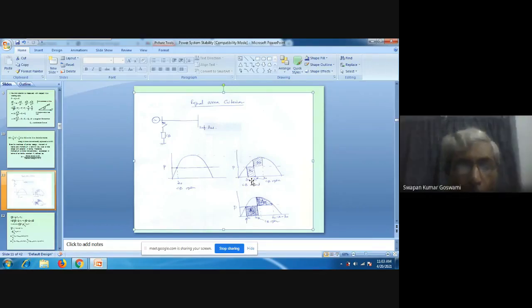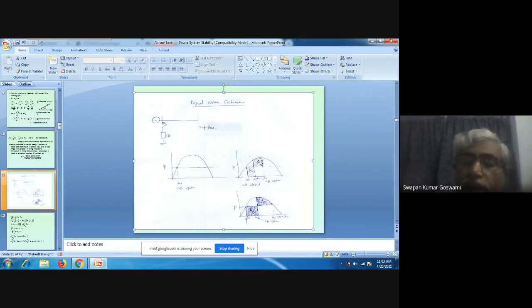Yes, sir. Okay, now see this area from delta 1 to delta 2. Again, the machine has moved, rotor angle from delta 1 to delta 2. Under this condition, this is the power input line P, and this is the power output curve.